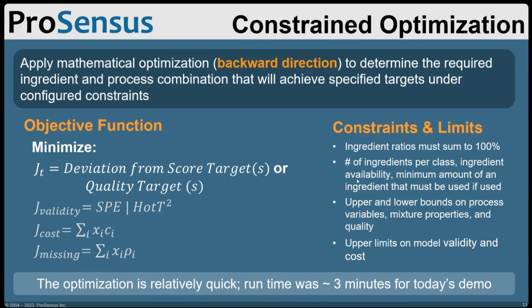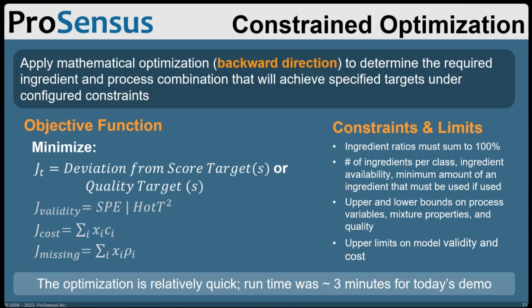We allow the user to turn on and off the availability of certain ingredients. And when an ingredient is used, so non-zero, we make sure that there's a minimum that it's used at. We don't want the software to recommend using 0.0001% of something when the system can maybe only use 3% of an ingredient, for example. So that's some of the constraints on the ingredients.